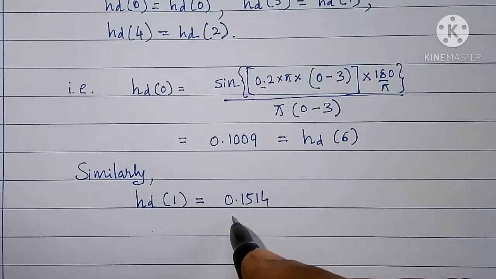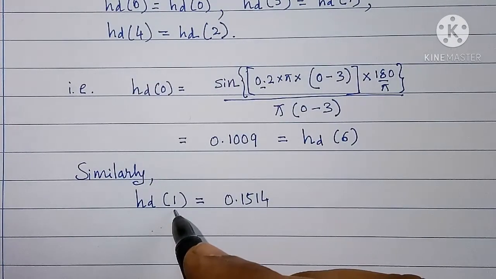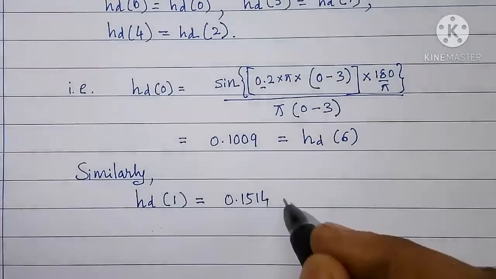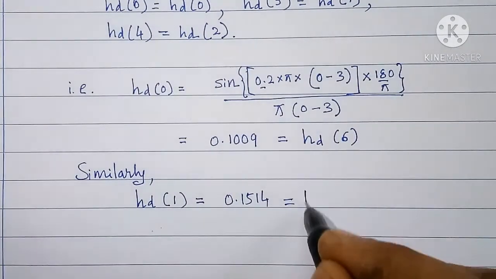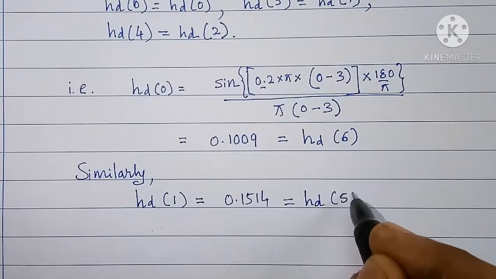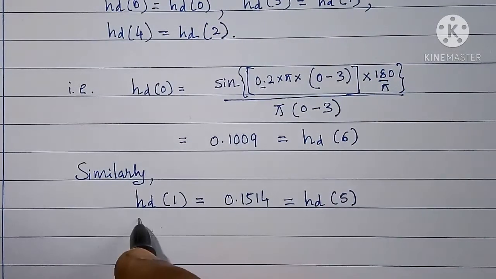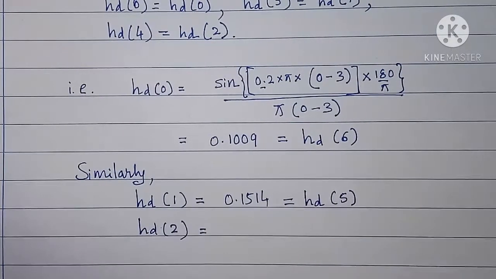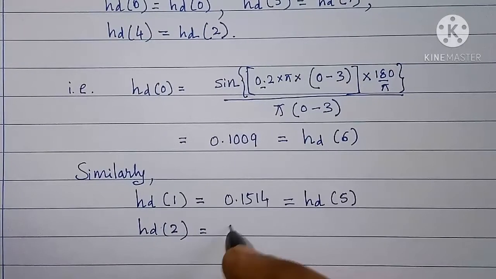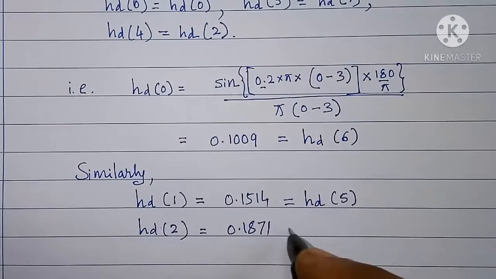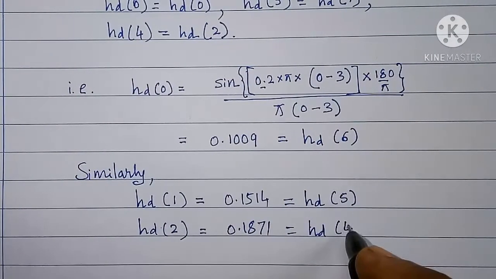To get HD of 1, you have to put n equal to 1. And HD of 1 is 0.1514, which is equal to HD of 5. HD of 2 is equal to 0.1871, that is equal to HD of 4.